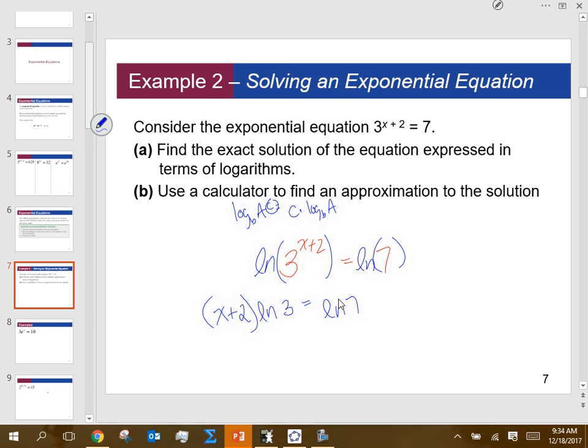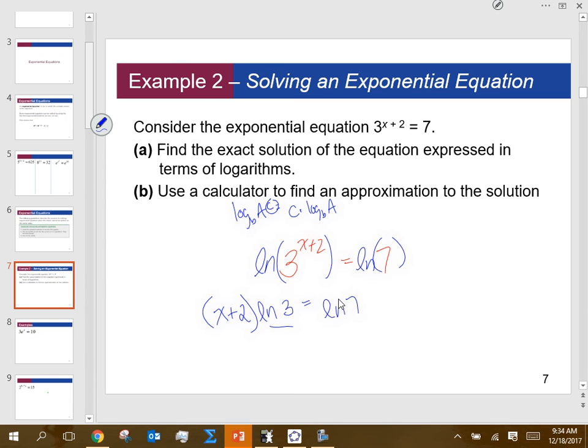If I have x plus 2 and then ln of 3, ln of 3 is just a what? What kind of thing is ln of 3? Isn't this just a number? Okay, is that what you said? That's what I said. Oh, I didn't hear you. Speak up! So it's just a number, right? So I have x plus 2 times just a number.